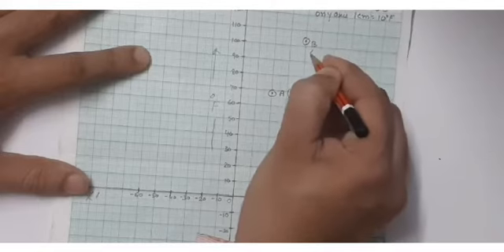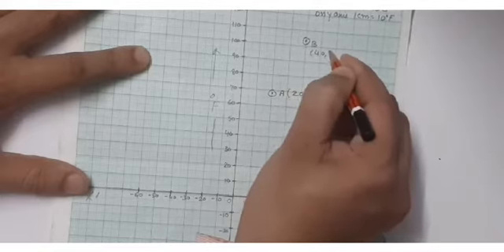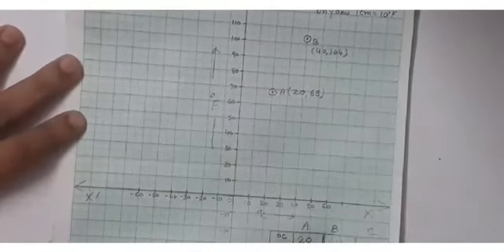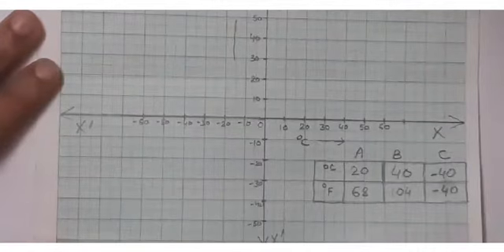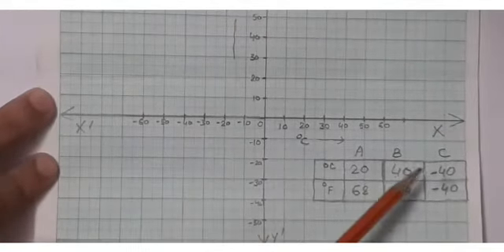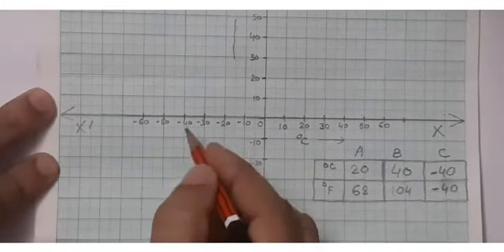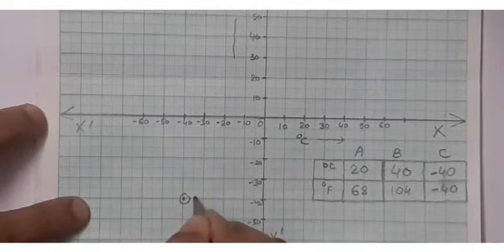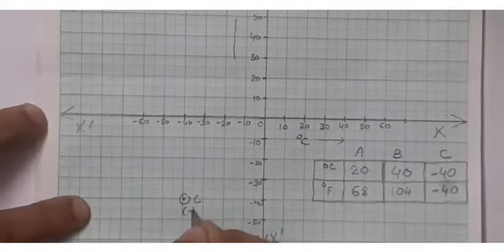Point B, this is 40 and 104. Now point C. Point C is what? Minus 40 comma minus 40. Minus 40 is here and minus 40 is here also. This is point C, minus 40 comma minus 40.